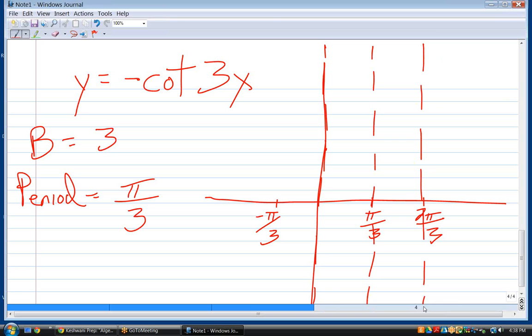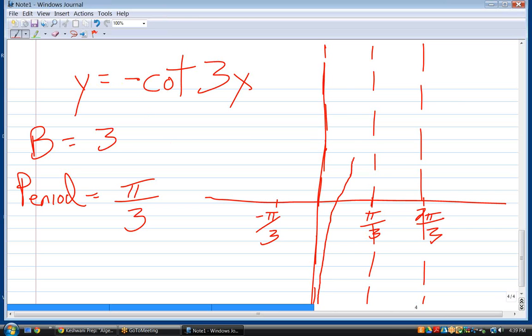Okay, so the only thing we have to do is to reflect it. We got our period down, so what's this going to look like? What's it going to resemble? It's going to look like the tangent curve. In other words, it's going to start at negative infinity. Oh, yeah, because that's negative. It's always increasing because of the negative sign.